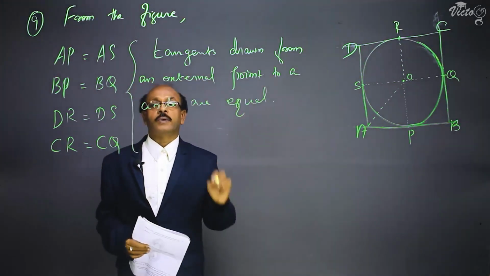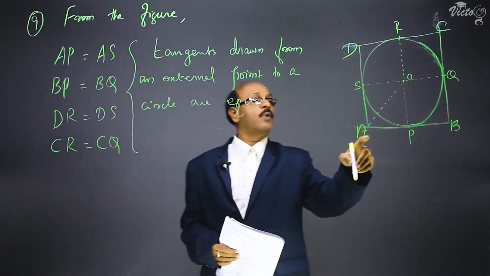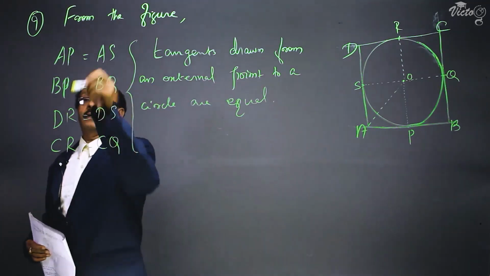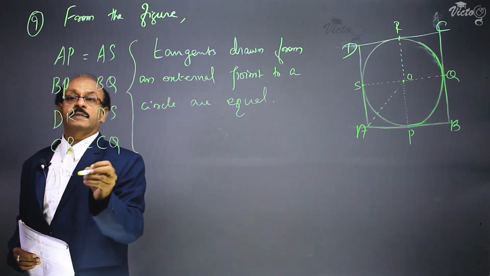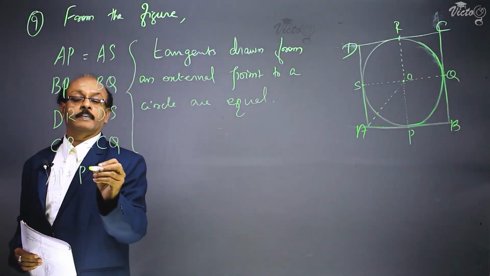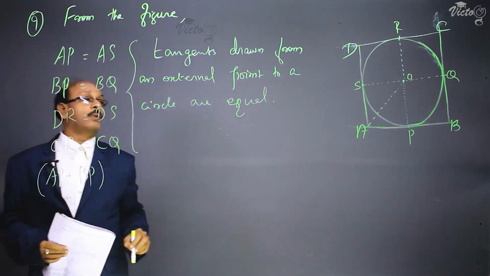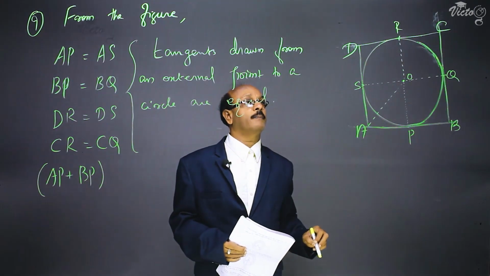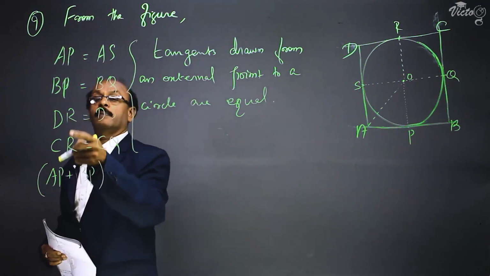Now we have to rearrange the statements. AB is the sum of AP and BP. Now opposite side CD is the sum of DR plus CR.